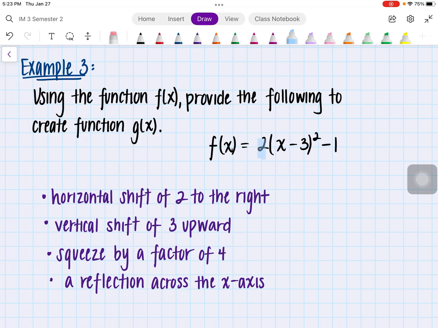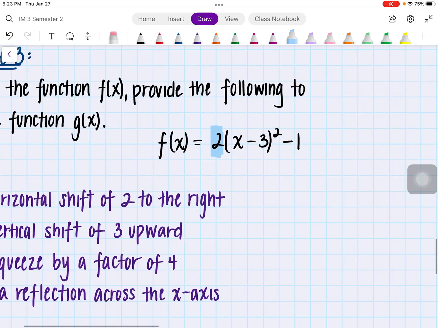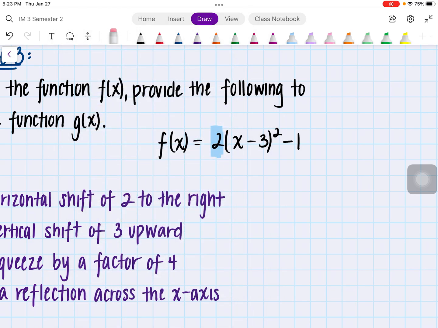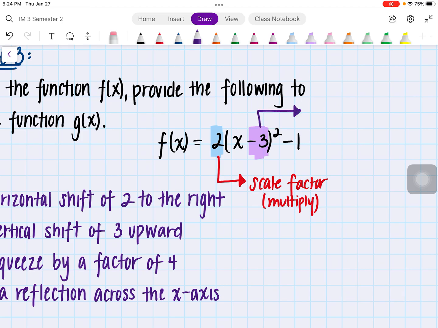Starting off with the 2 here. The 2 in this case is going to represent a scale factor, something that's going to multiply. Then we have the -3, which is going to represent our horizontal shift.